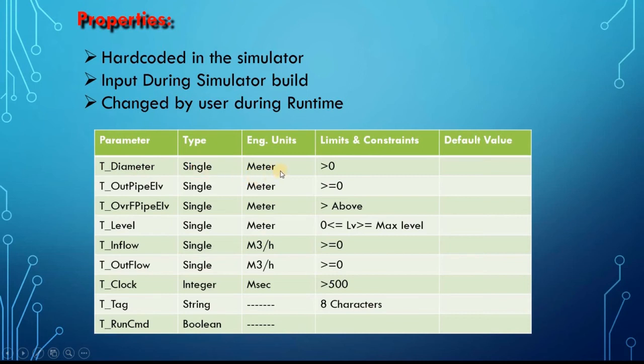Think about the engineering unit. So your equation would always be okay, and look at your limits and constraints as well. So in a nutshell, this is how I made my parameters. The reason I put the T underscore is that when you look at the individual basic later on, you will see that this makes our life easier because it groups them all in one spot so I can easily see them.